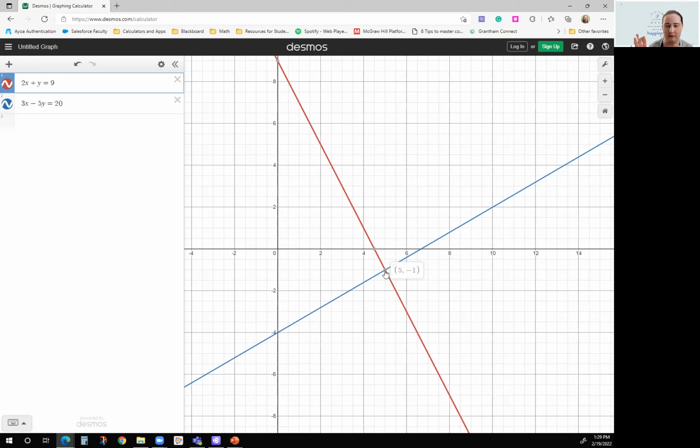Just as a side note, because once you start getting into actual applications of this, real world problems, things are not always clean like this. If you are checking with graphing with real world problems, they might be close, and you're looking, are they rounding to the same point? If they round to the same point, then you can consider that a check, because they may be a little off due to rounding.